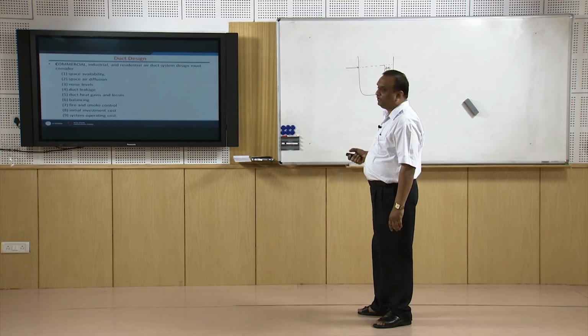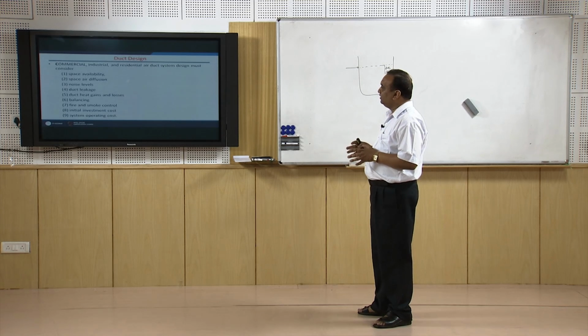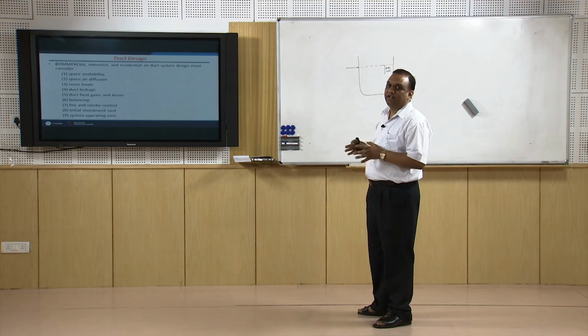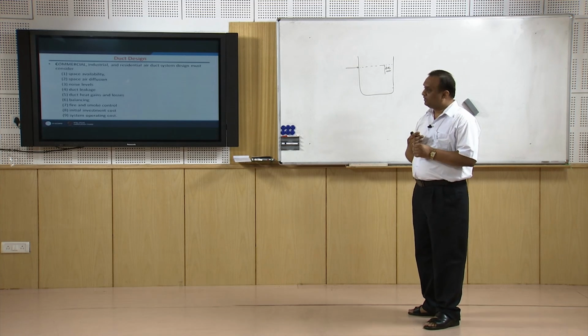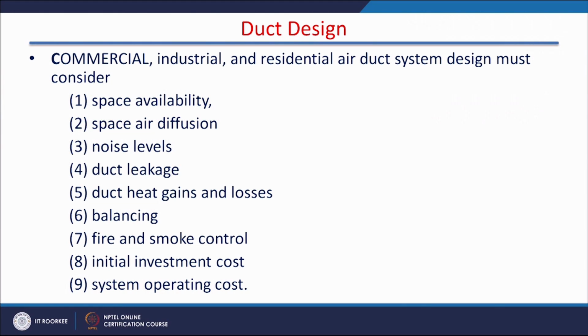Duct noise level is a criterion while designing a duct. Leakage from the duct takes place because the ducts are riveted, and whatever state of the art technology is used, some leakage will be there. It has to be confined to less than 10% of the total air discharge in the system.